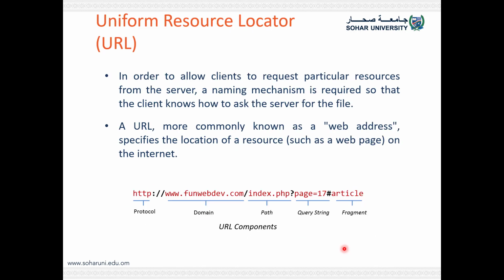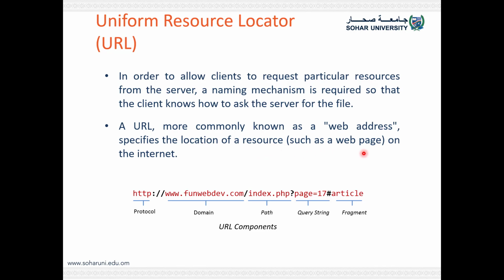Another thing, again proposed by Tim Berners-Lee, is called the Uniform Resource Locator. Very simply, no resource over the internet is without an address. Anything on the internet should have an address. This address, or web address, is called the Uniform Resource Locator. As we can find here, it specifies the location of a resource.